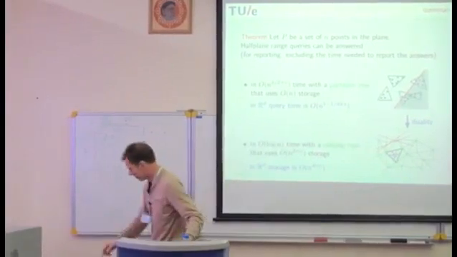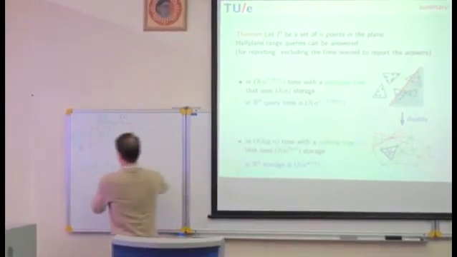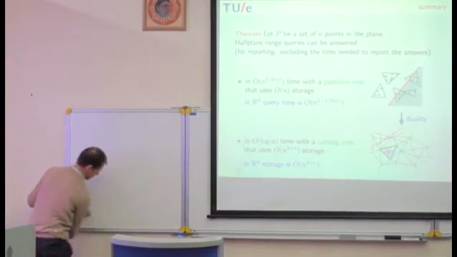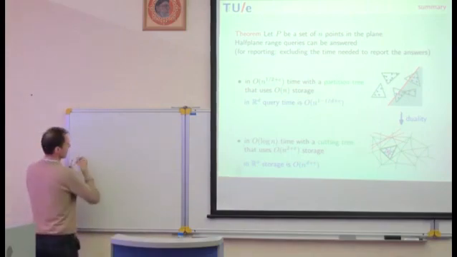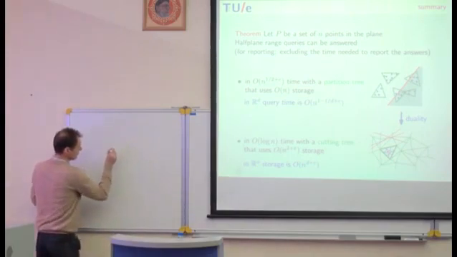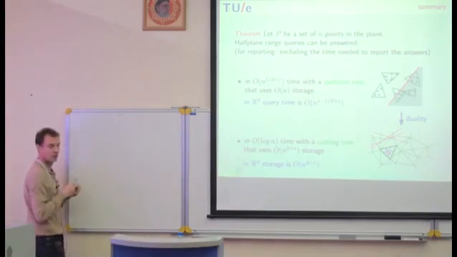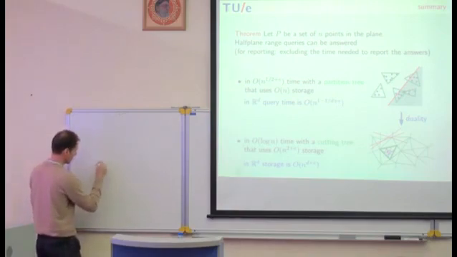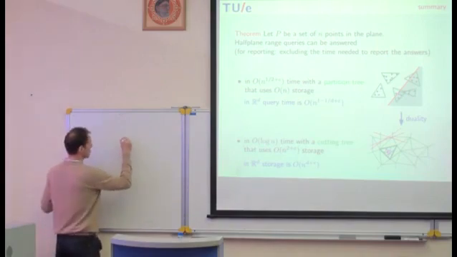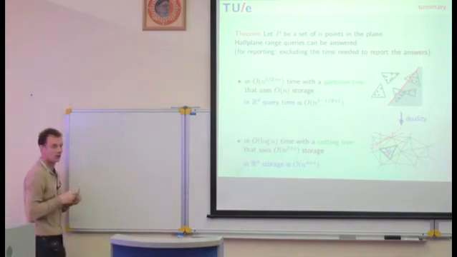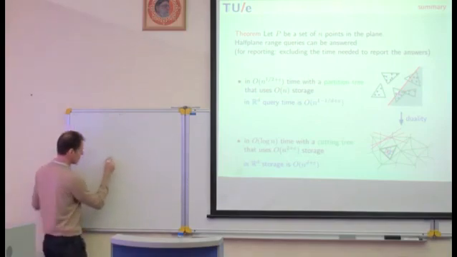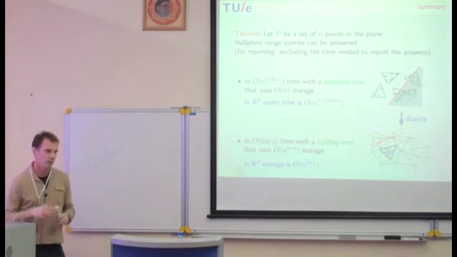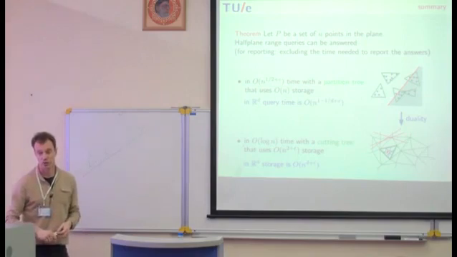But for instance, if your points look like this, then the best thing you can do if you have squares is to do something like this, and then actually all of them are going to be intersected by this line. So you cannot get a crossing number which is square root of r.